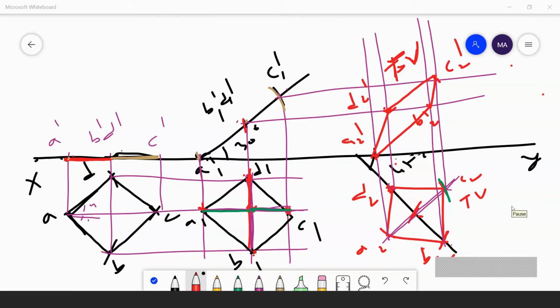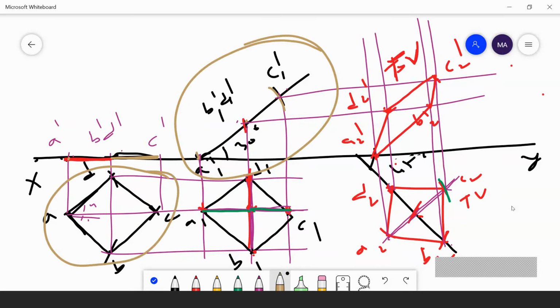And listen to one thing. When you see in this diagram, if you have a first inclination drawn here in the VP, then the basic diagram should be in the HP. Understand? Is it clear? Your first inclination you drew in VP, 30 degrees.